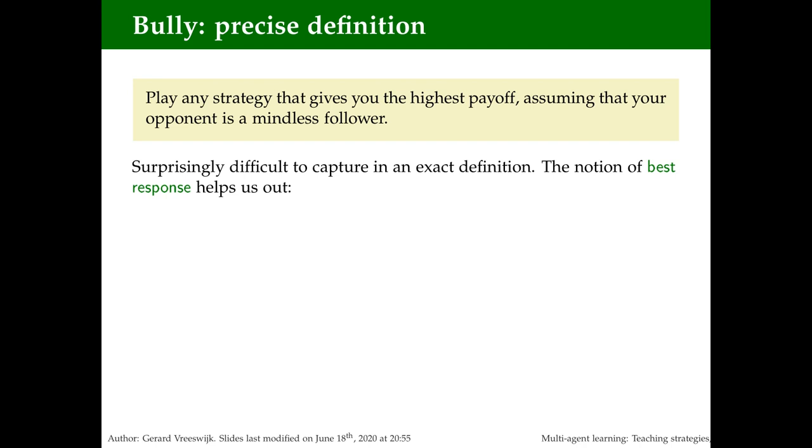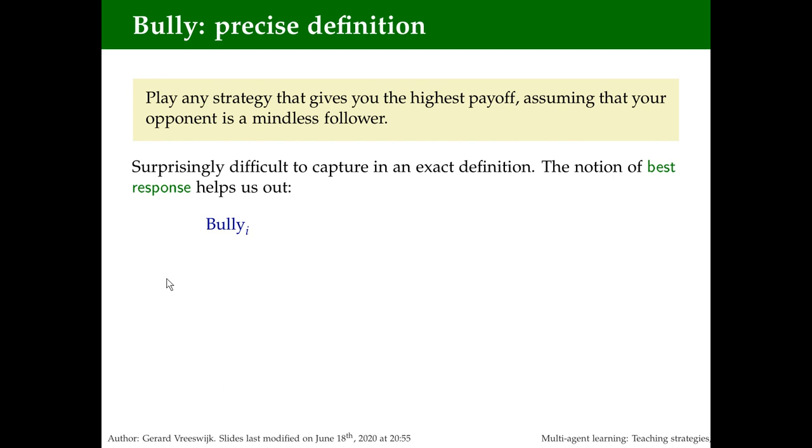It's funny, because giving a precise definition is quite difficult, but implementing it is easier than giving the definition. Well, you would assume that if you want to implement it, you have to know the definition. But it turns out that understanding the examples of bully is enough to actually implement the algorithm of bully.